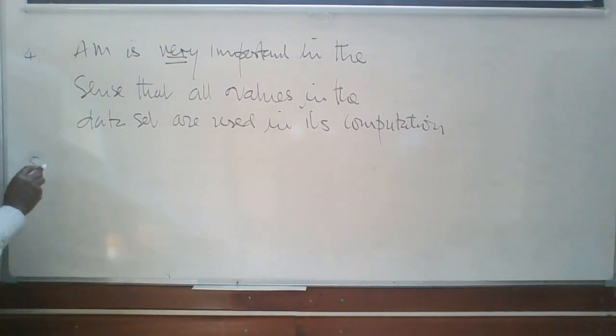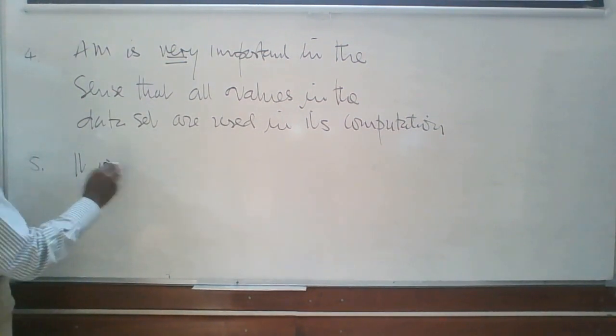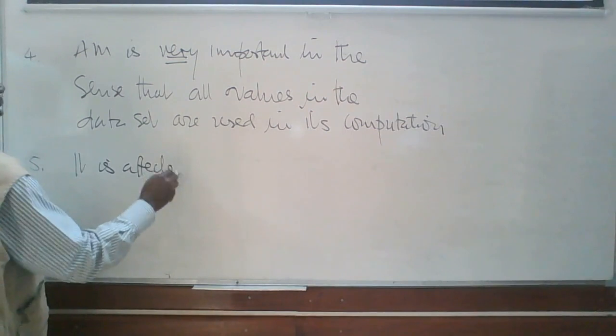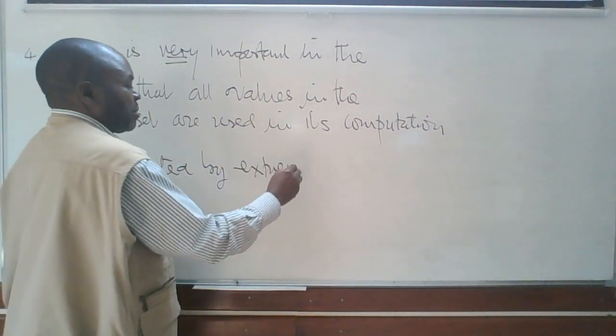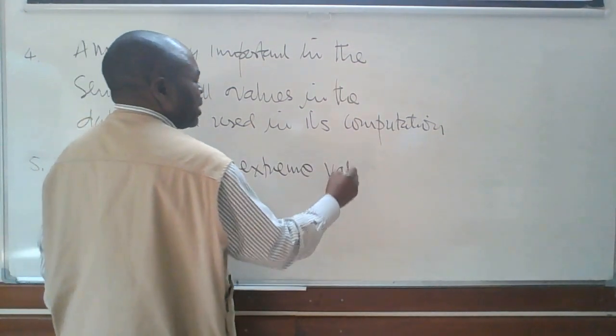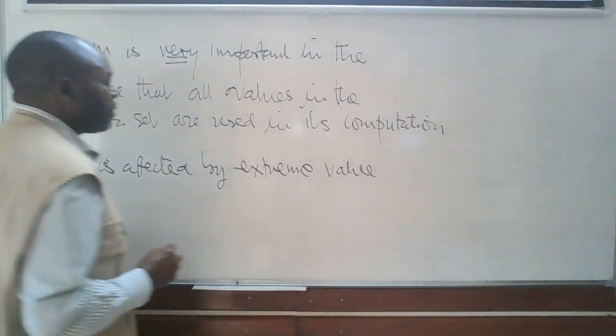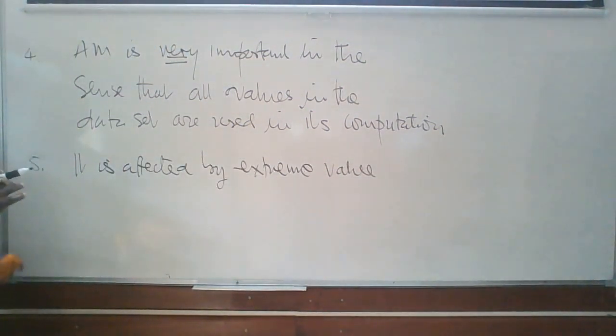Because of that, it is affected by extreme values. Okay, so that's one disadvantage of the arithmetic mean. When you have very big values in the data set and you compute the mean, they will pull it towards those big values.